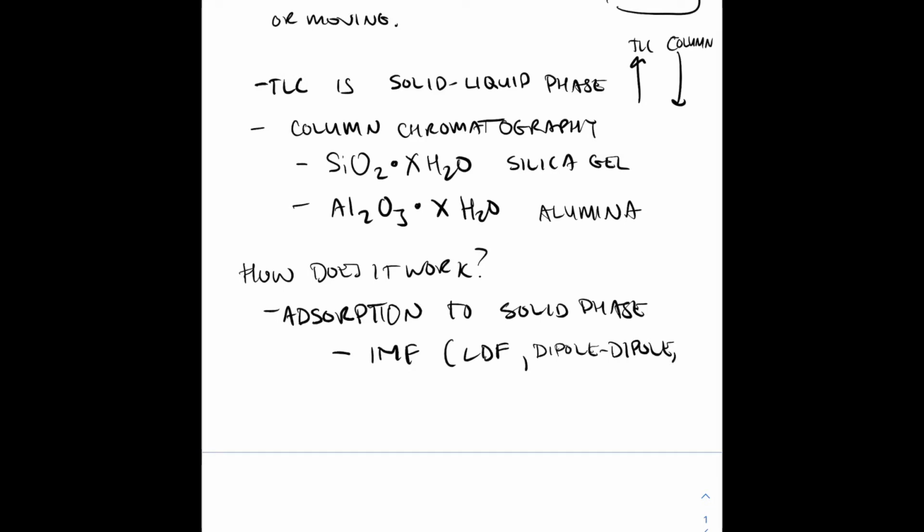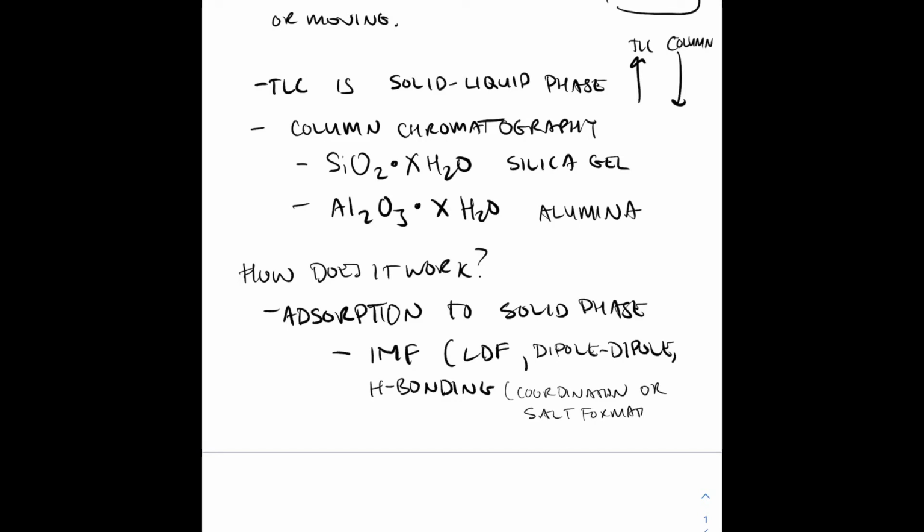It's also going to do hydrogen bonding. That's how it can adhere or adsorb to the stationary phase. And then there's a couple other ones. Coordination would be something, as well as salt formation.